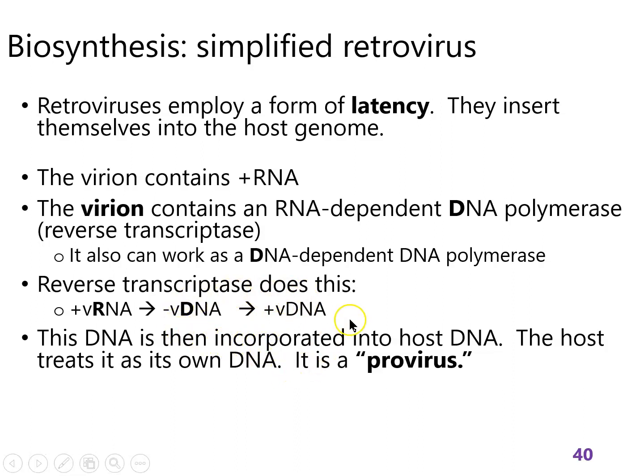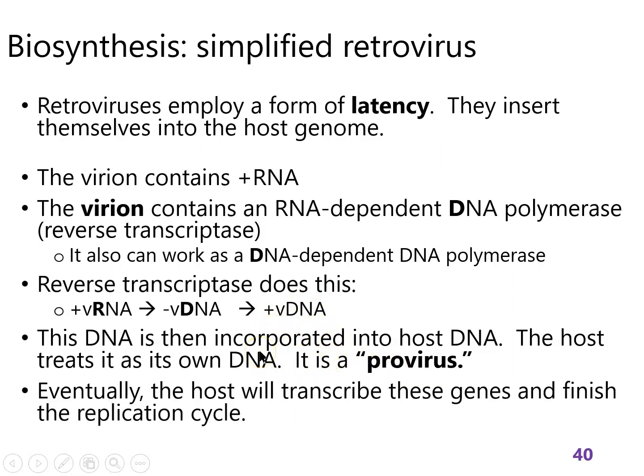And then it hides and it waits. It can wait forever or until the time is right to start making virions. So we call it a provirus if it is in our genome but not making virions. And eventually the host will start transcribing the genes and finish the replication cycle, but that could be years later.